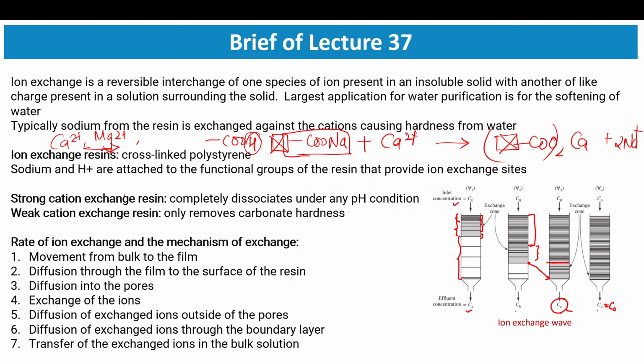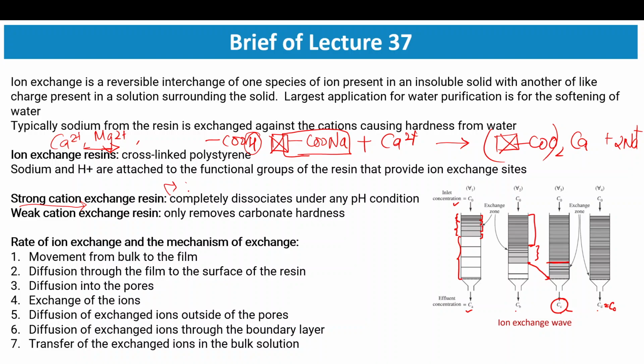So let's say if you have a choice of cations, then there are a number of types of resins. A strong cation exchange resin is nothing but the one which completely dissociates, and obviously it will have higher efficiency because it has higher dissociation under all the pH conditions.